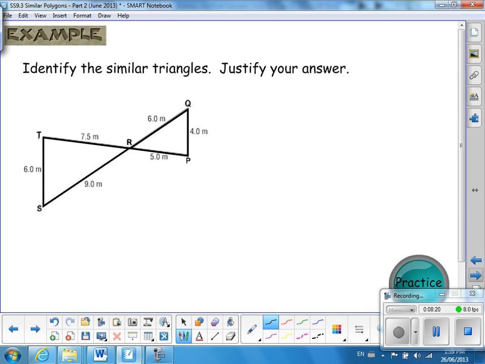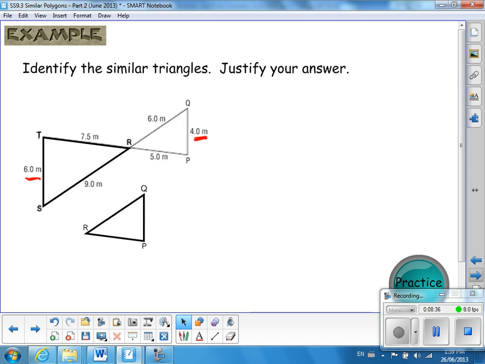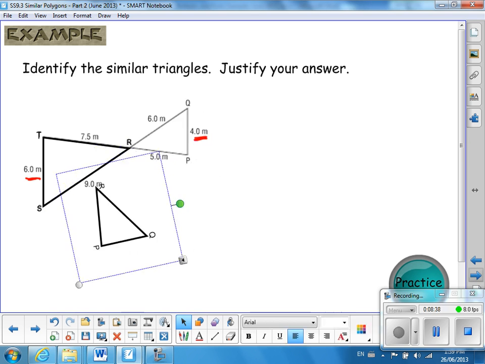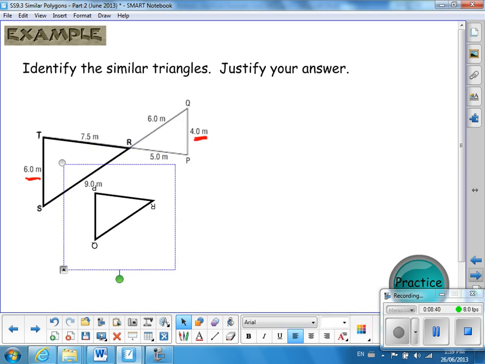Okay, identify the similar triangles in this question. Well, we need to be careful because we have to make sure the corresponding sides line up. So 4 is going to line up with 6. We can do this in a couple of ways. We can take this and rotate it so they're in line and the sides are corresponding.